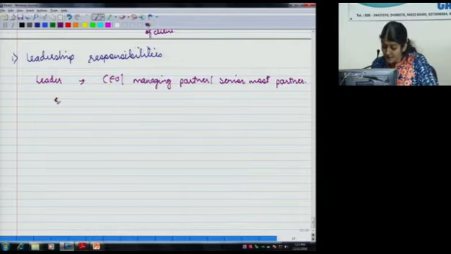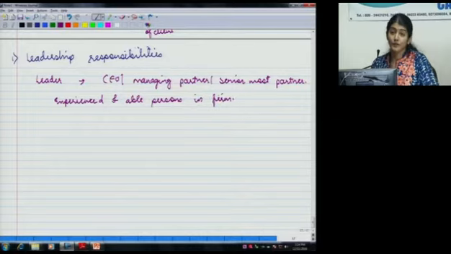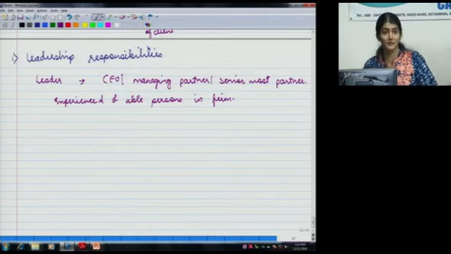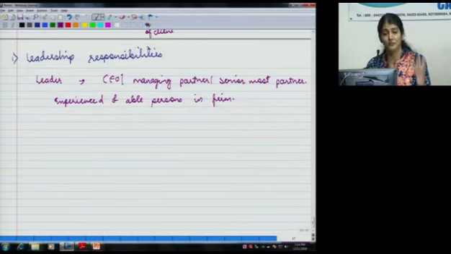It says the responsibility should be given to experienced and able persons in the firm. Not to Tom, Dick and Harry. Experienced and able persons in the firm. A newly qualified CA or just an article newly joined, you're telling him SQC1 is your responsibility. You can't do that. It has to be given to experienced and able persons in the firm.